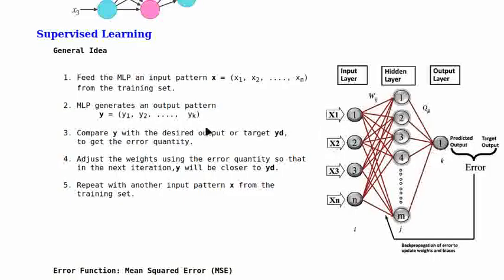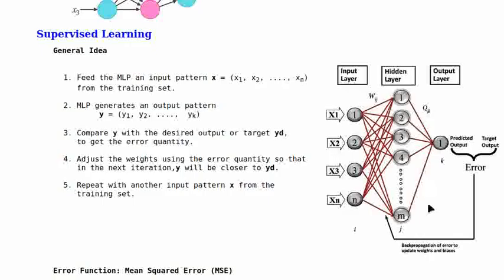This output pattern is compared with our targeted output. We calculate the difference, the error, between this calculated output and the target output, and we feed this back to adjust the weights.